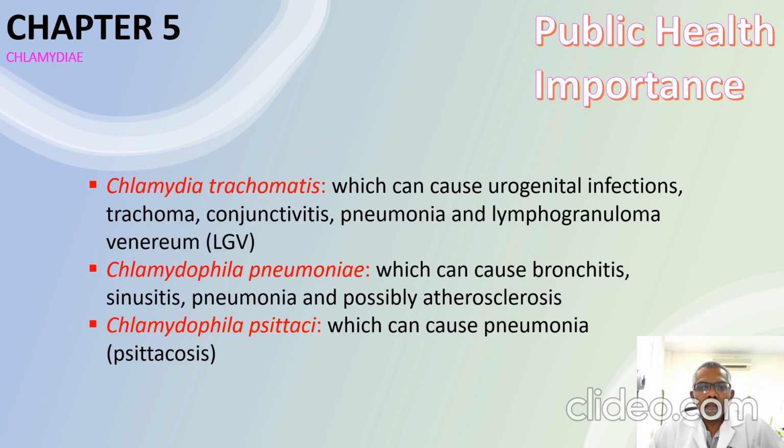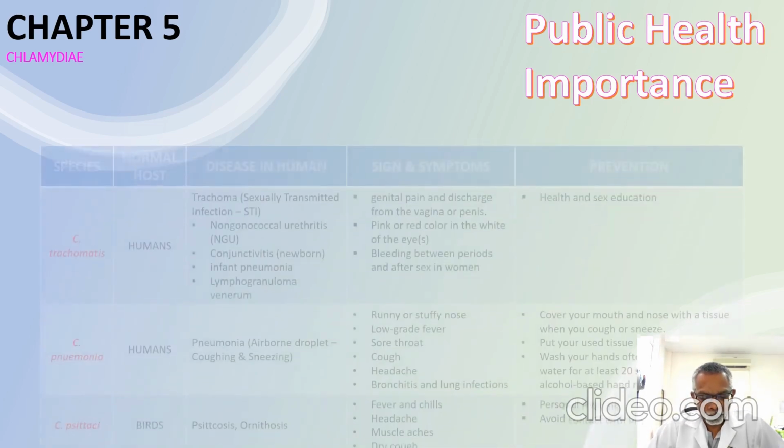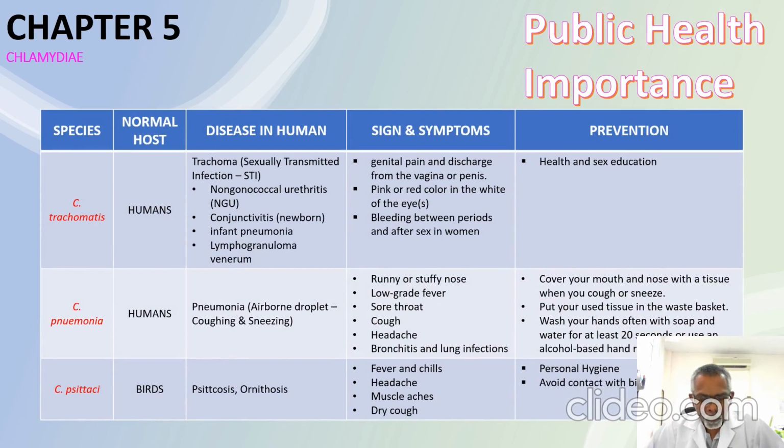Chlamydophila pneumoniae, which can cause bronchitis, sinusitis, pneumonia, and possibly atherosclerosis. And finally, Chlamydophila psittaci, which can cause pneumonia, or the disease is known as psittacosis. The following slide will tell us more important details of these bacteria.